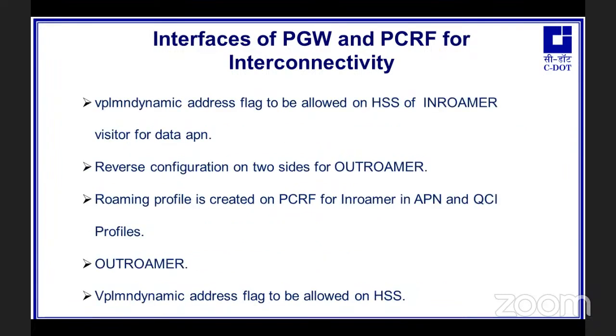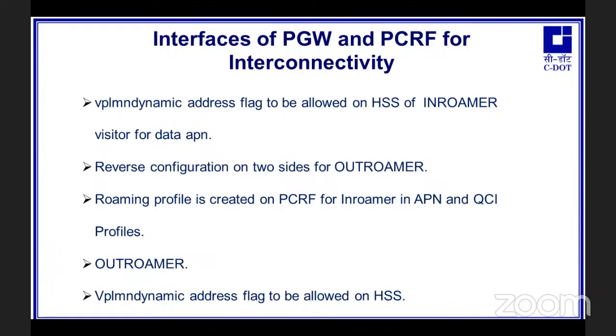So there are two things for the roaming scenarios which I am talking about, the home routed and local breakout. One parameter is there in HSS, that is the VPLMN element flag. VPLMN flag means whether the visited PLMN is allowed or not.